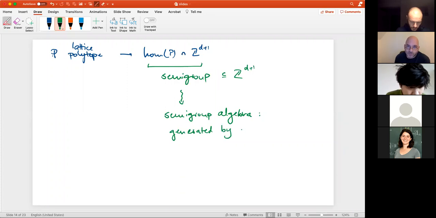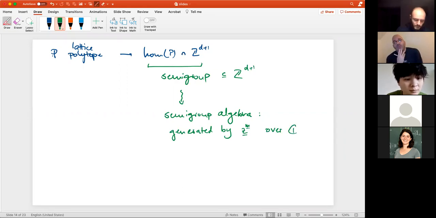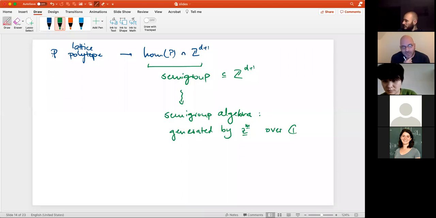These are monomials in d plus 1 variables, let's say over C. If my Hom of P was not a cone, but was something finite like a polytope, then you would generate finitely many polynomials, but you're going to have a hard time creating a semigroup out of that. That's why I'm doing the Hom.